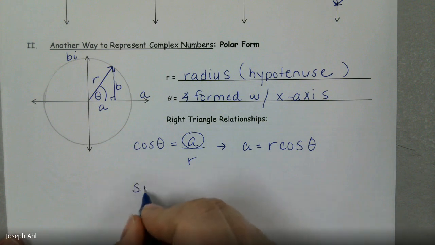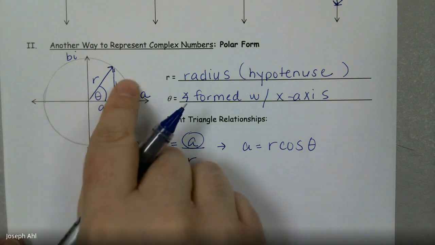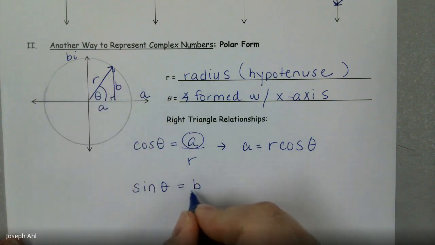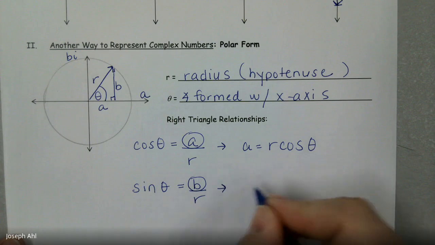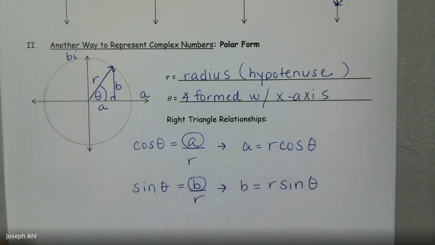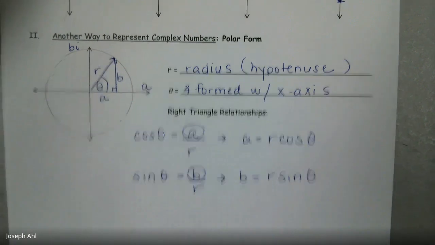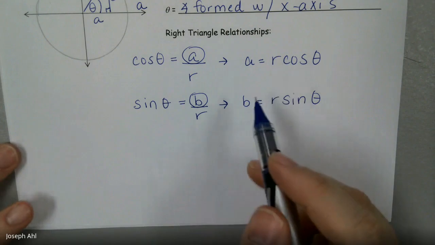Very similarly, if we think about what sine theta equals in this picture, sine of theta would be opposite over hypotenuse. That would equal b over r. Similarly, if you want to get b alone by multiplying both sides by r, b would equal r sine theta. So what we're really building towards here is we now have a definition for what a and b are equal to.